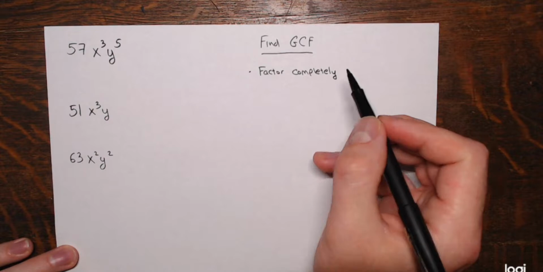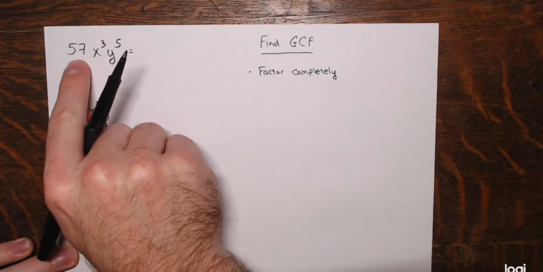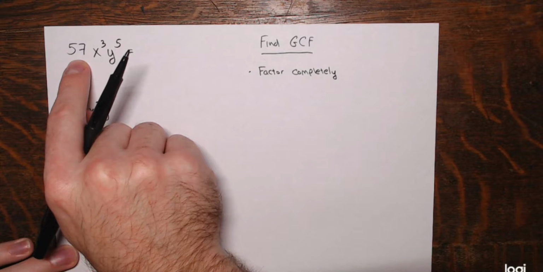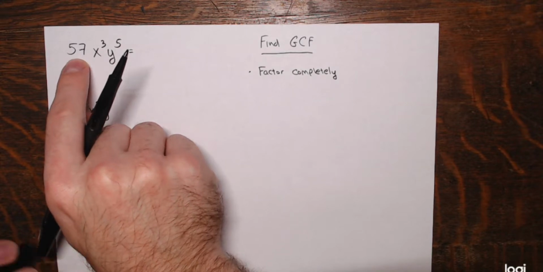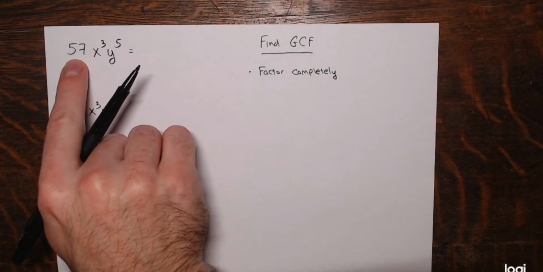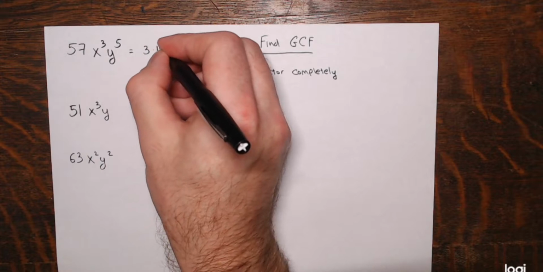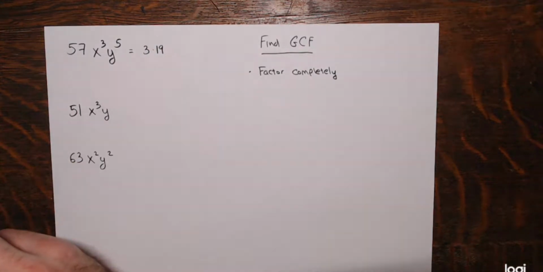Like 57. When you factor 57 completely, 3 goes into this, 19. This is just 3 times 19. So if you were to factor 57 completely, 3 times 19, those are prime.